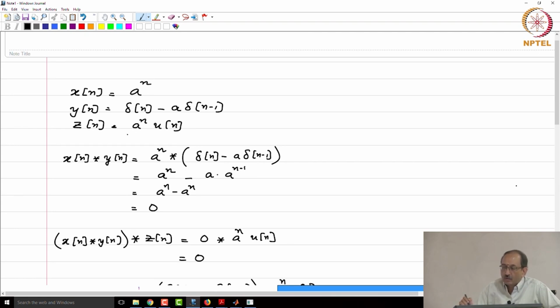Even when mod a is strictly less than 1, for that particular case x of n is not an L1 sequence. Therefore, when you are told that convolution is associative, implicitly in that statement is the assumption that all these three sequences belong to the space of L1. So, here is an example where that condition fails.